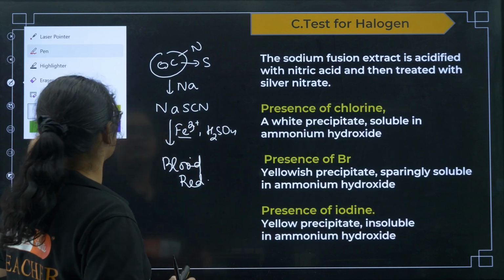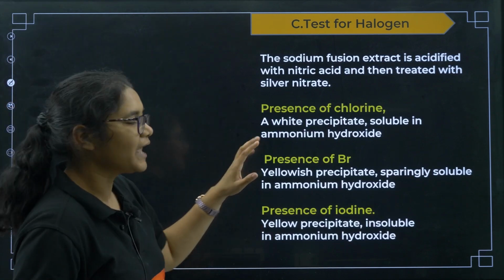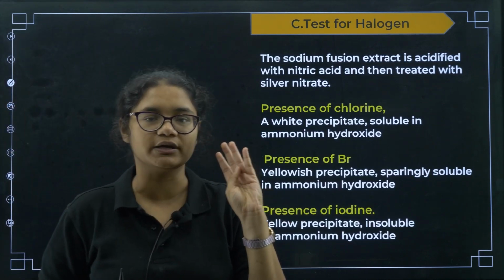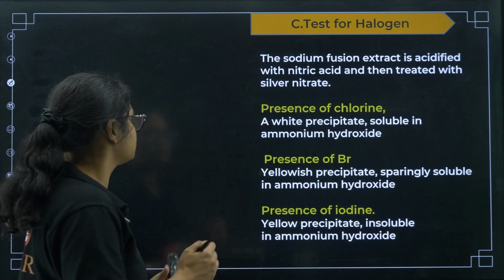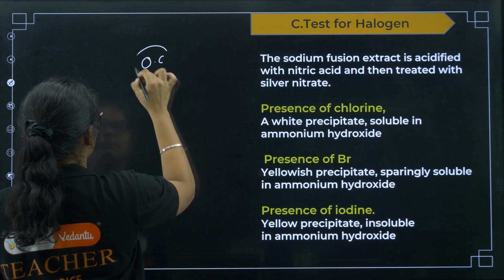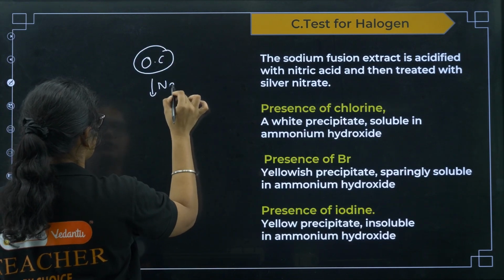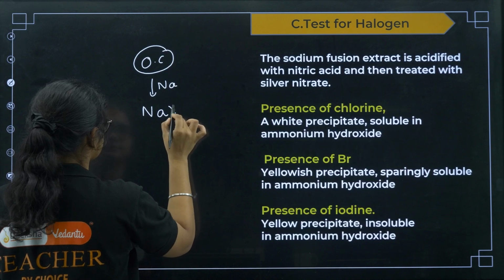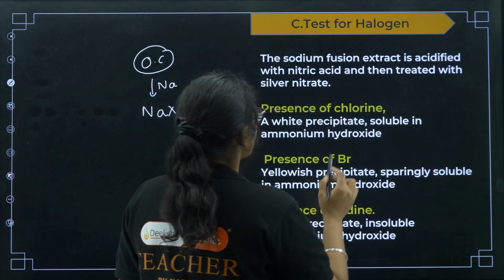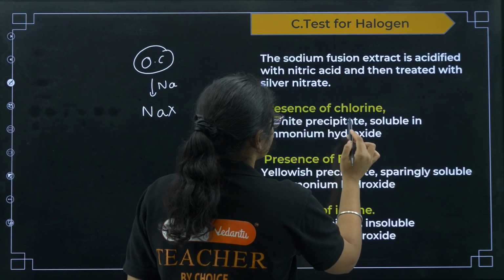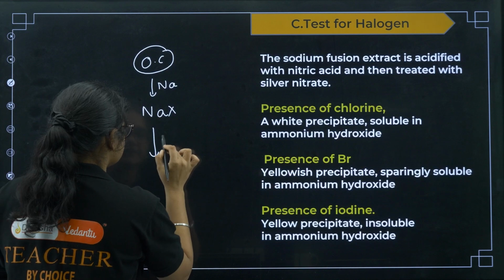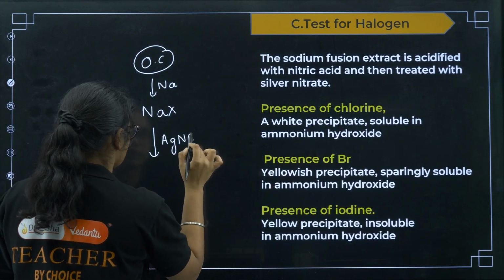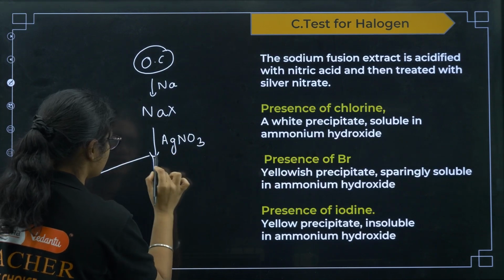Okay, next, coming to the test for halogens. In halogens we have chlorine, bromine and iodine. First, we have any organic compound, you treated it with sodium, and we got NaX. Now, if there is chlorine, then after that you have to treat it with AgNO3. Here 3 conditions arise.